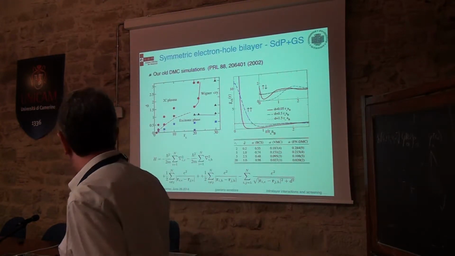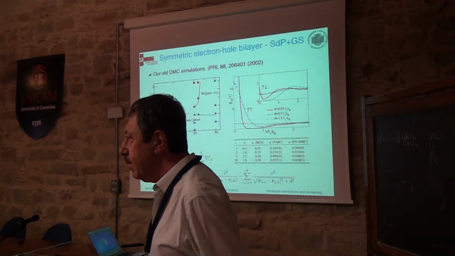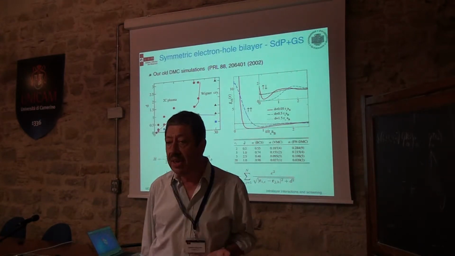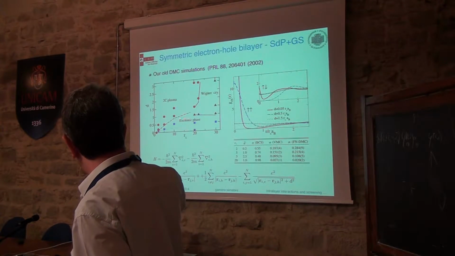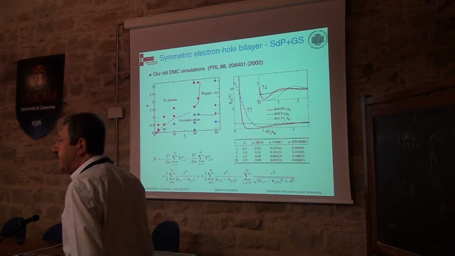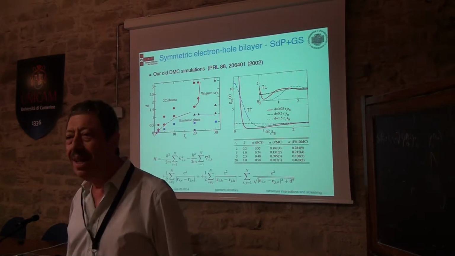Okay? And we found this phase diagram in a very crude way. This is what we could afford at the time. We were using three different wave functions, one for the plasma phase, one for the excitonic, one for the Wigner crystal, and we are just comparing the energies, and we would decide which phase was stable depending on which one had the lowest energy.